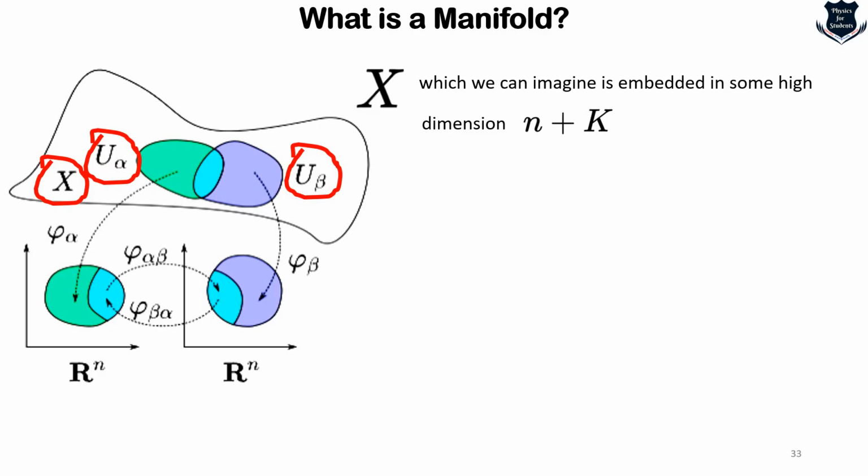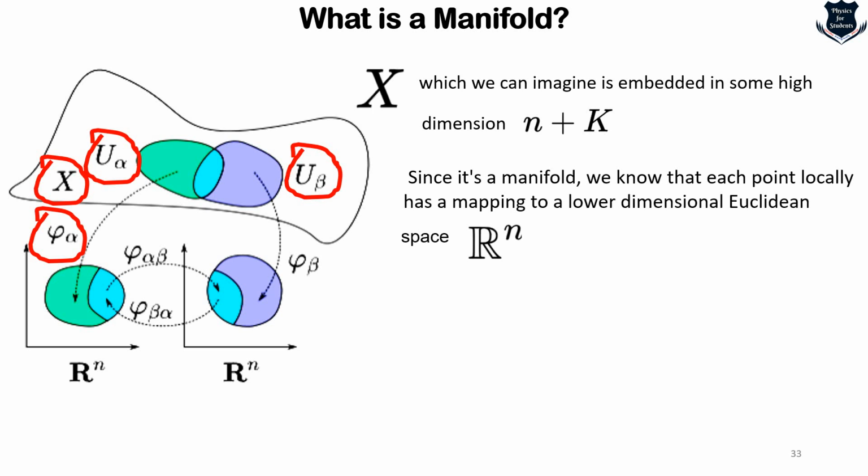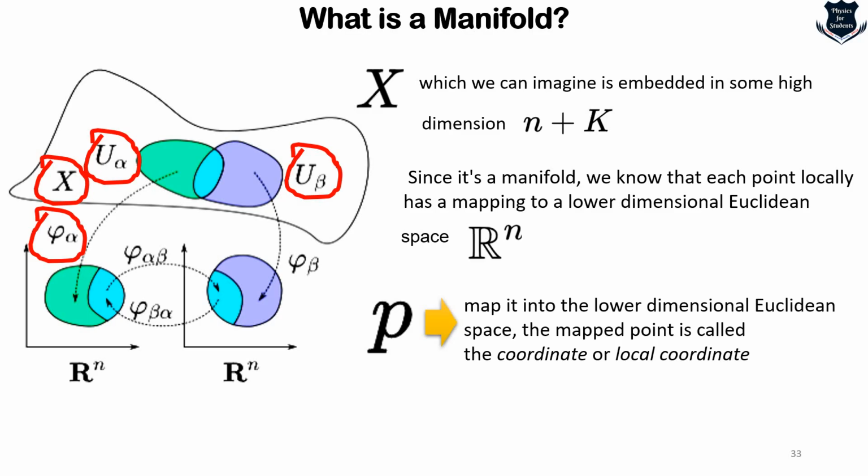Now since it is a manifold, we know that each point locally has a mapping to a lower dimensional Euclidean space, say Rn, via this phi, which is basically a chart or a coordinate system. If we take a point P in our domain, since it's a manifold, we know that it is locally Euclidean, so we can map this P into a lower dimensional Euclidean space.